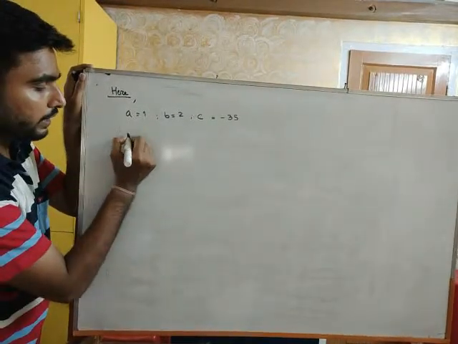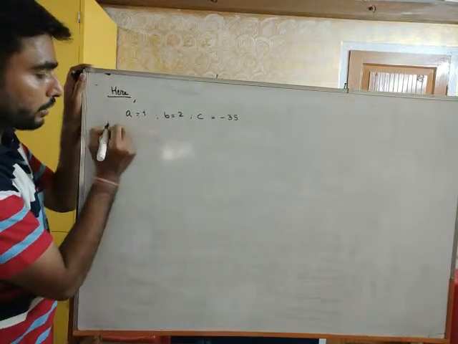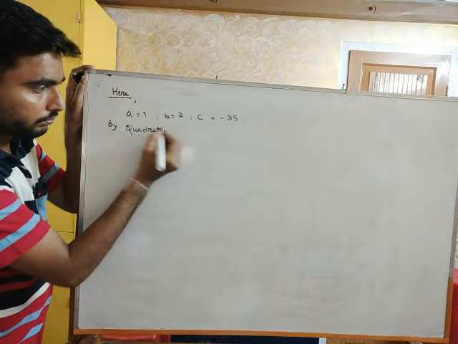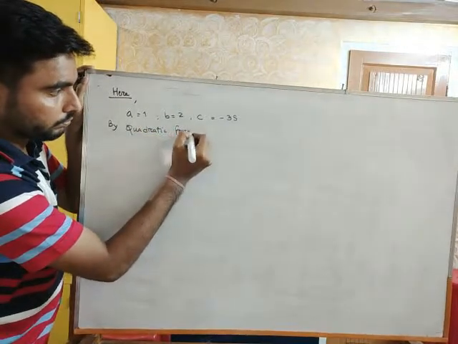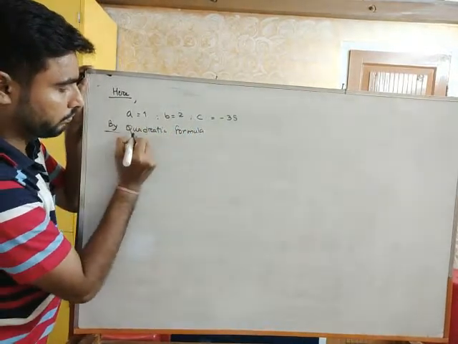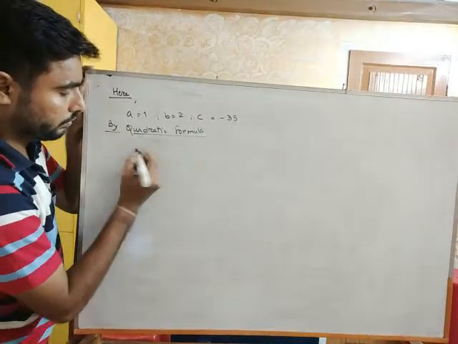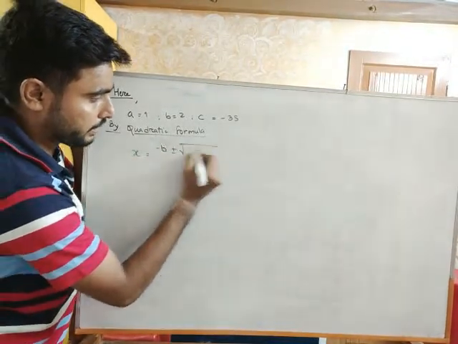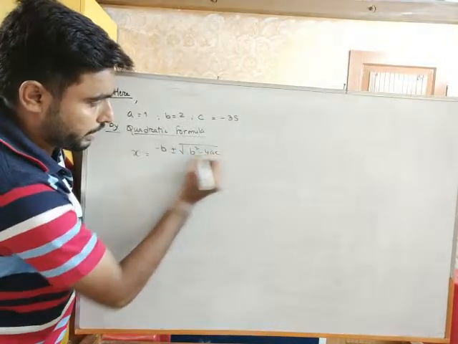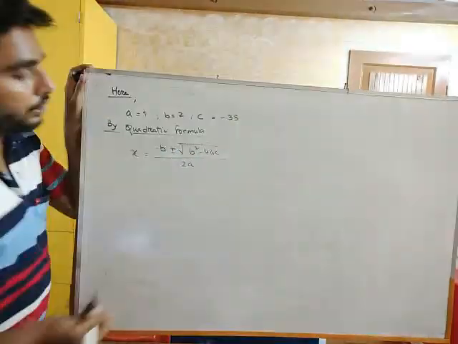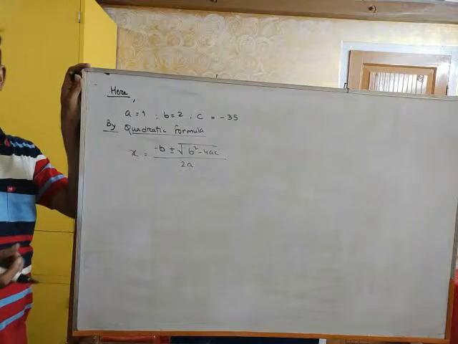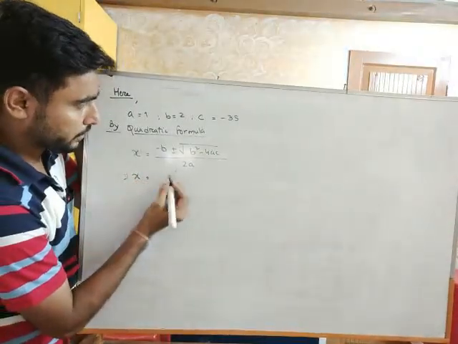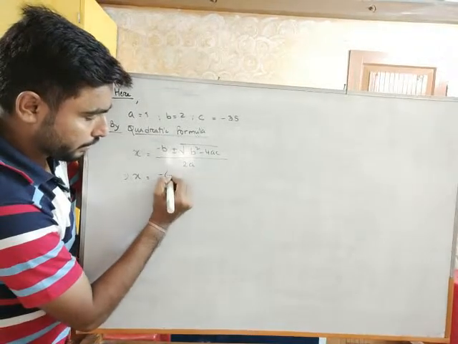So what is the quadratic formula? Therefore x by the quadratic formula, x is equal to minus b plus minus root of b square minus 4ac, by twice a. This is the quadratic formula. So x is equal to, what is the value of b here?